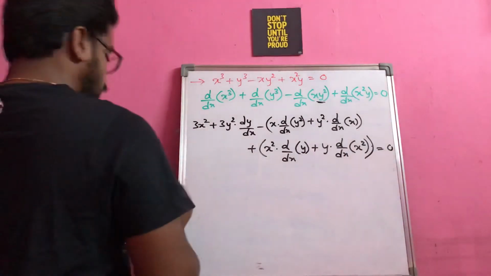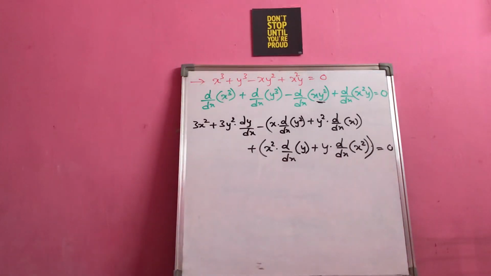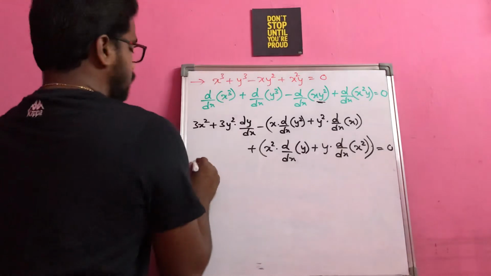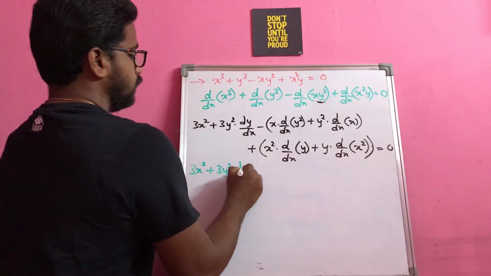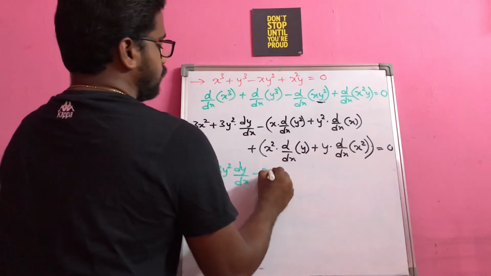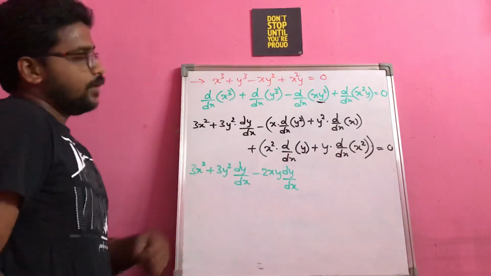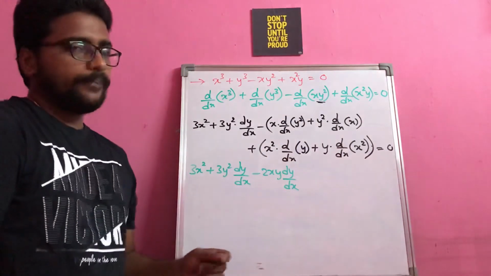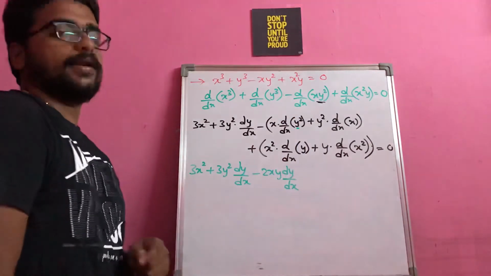So you can just observe here, this is 3x square plus 3y square dy by dx. Simplify this derivation, minus 2xy dy by dx you will be getting, because the y square differentiation is 2y, and as this is not x, the inner derivative you have to take, that's why dy by dx.